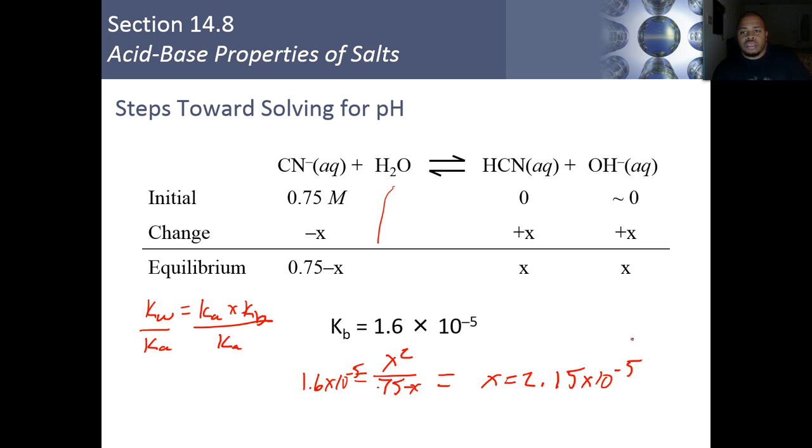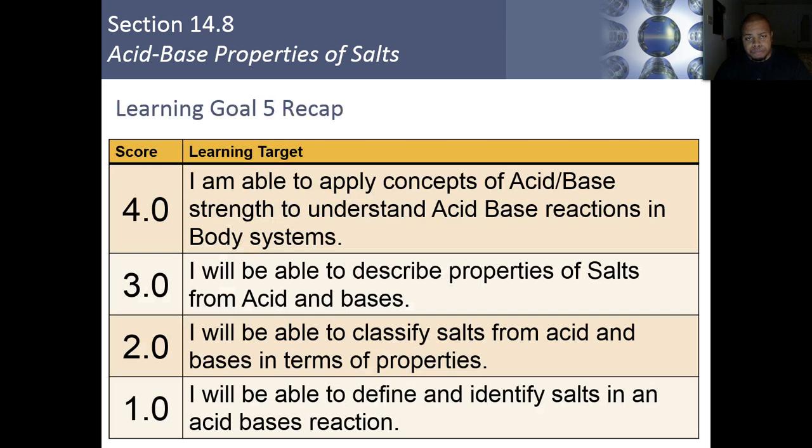Now, that will give us our hydroxide ion concentration. We plug that in, and again, it's just a reviewing of the same concept. If I have my hydroxide ion concentration, I can find my pOH and then find my pH from that. I'm going to come out with a pH of 11.54.